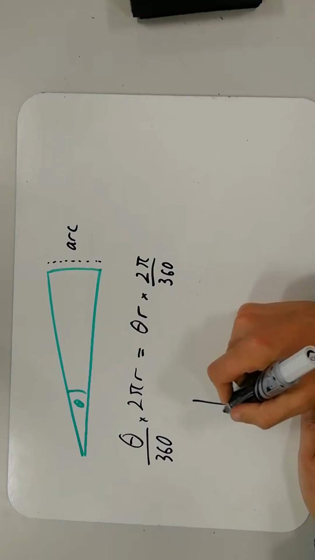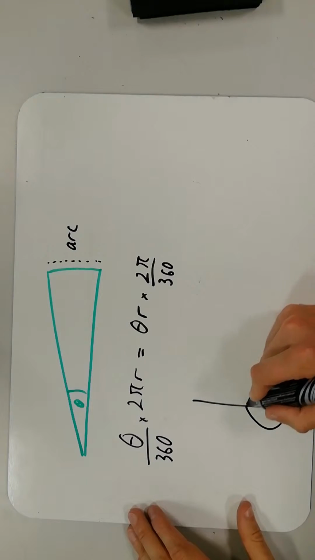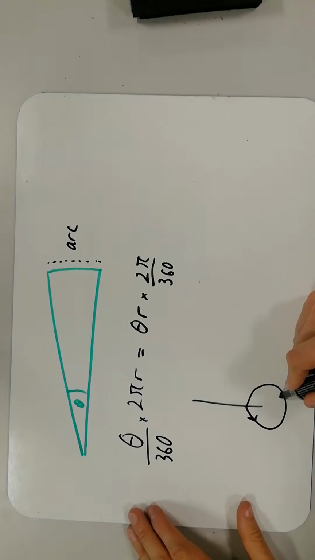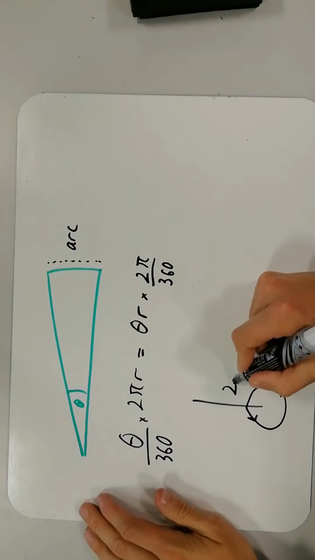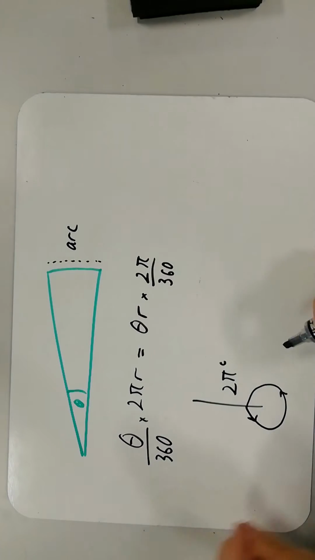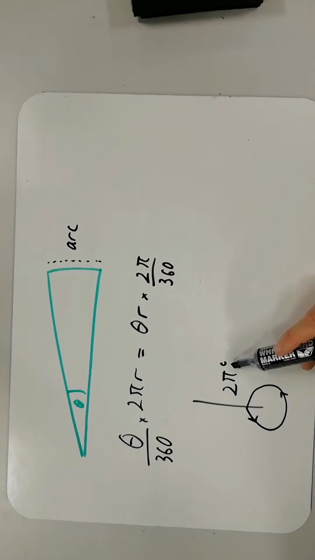One full turn in radians, so what would be 360 degrees, we just call 2 pi radians. We use letter C rather than R, as you may think would be sensible, because it stands for circle measure.